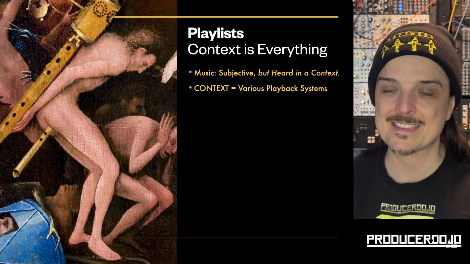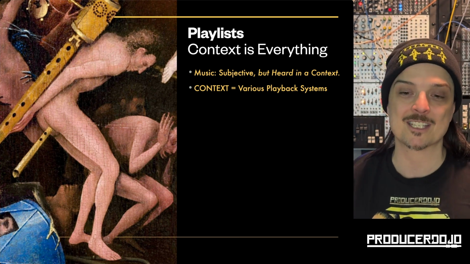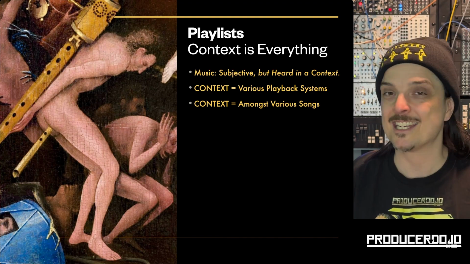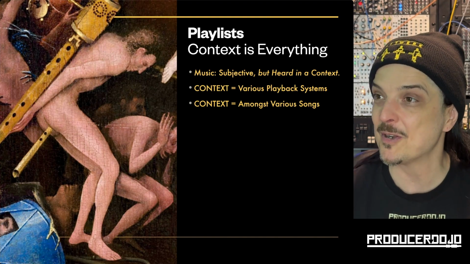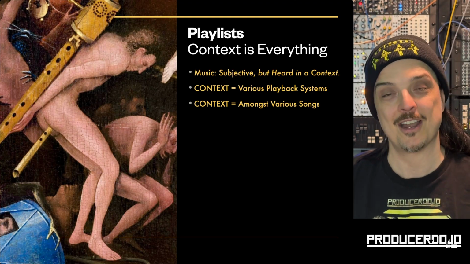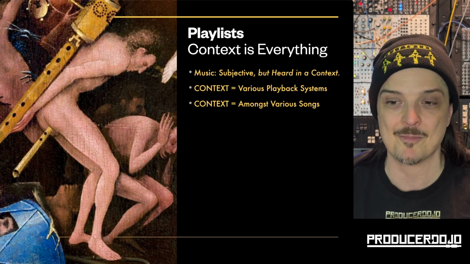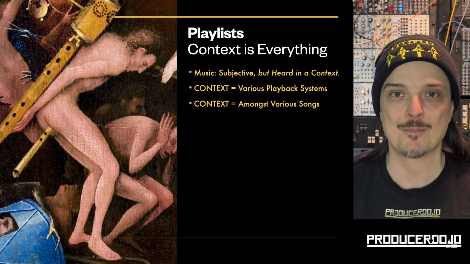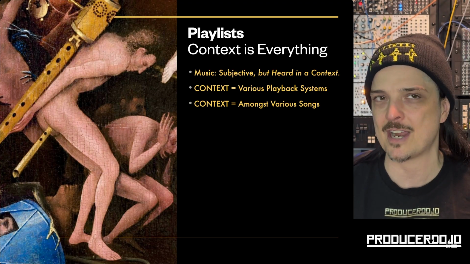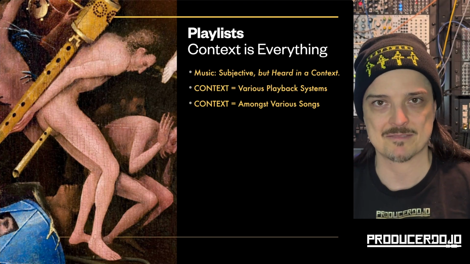But people are going to listen to music on all different playback systems, and it's not always going to appear as the track number on your album. Track number 6 on your album might appear after track number 5, but it also might play after track number 8 sometimes. You never know.